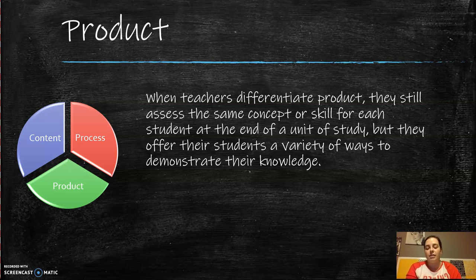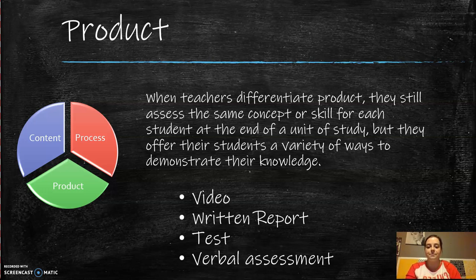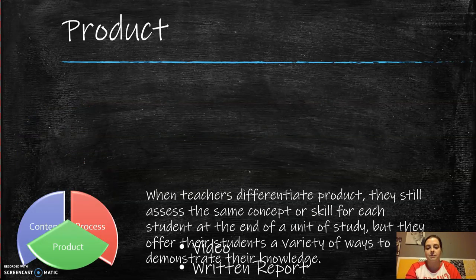It shows how they have learned and how they can move forward with this concept or skill. Some ways that they can do that is a video. They can do a written report, a test, or even a verbal assessment rather than writing.